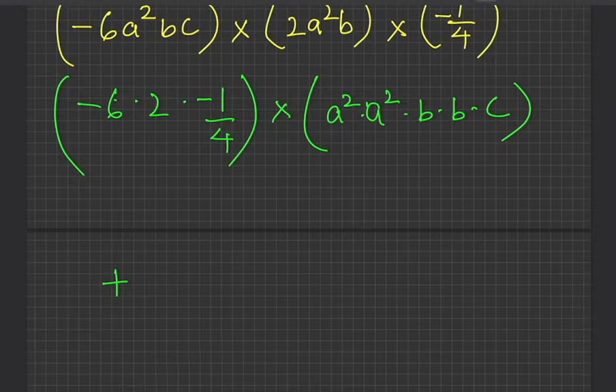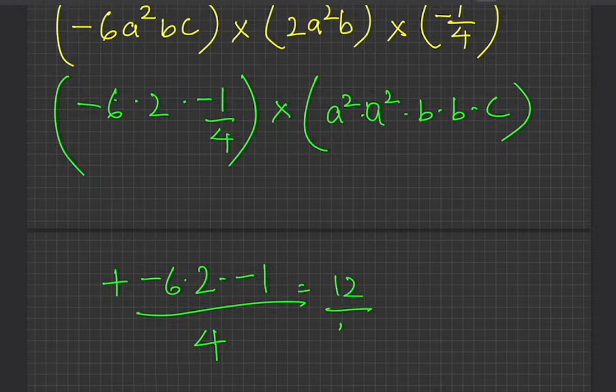And 6 times 2 is 12, and negative 12 times negative 1 gives me 12 by 4, which is nothing but 3. Negative 6 times negative 2 times negative 1 divided by 4. So it is 12 by 4.